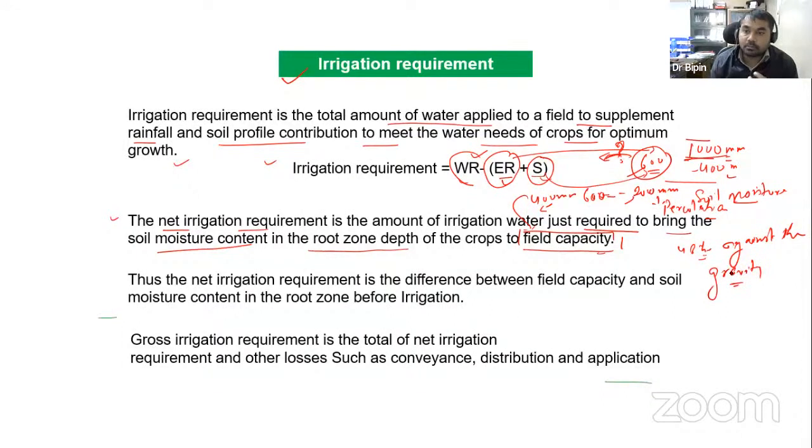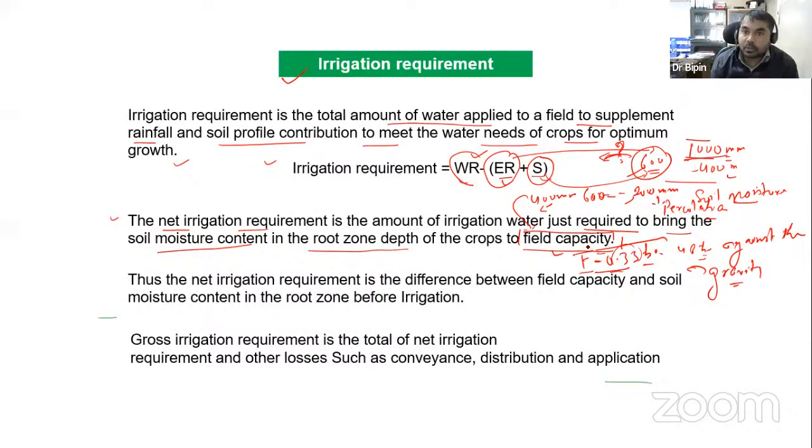When gravitational energy becomes equal, gravity cannot work at that potential, and we all know that is 0.33 bar. When our soil water potential reaches this point, our gravity will stop, and the moisture retained at that time is called our field capacity.